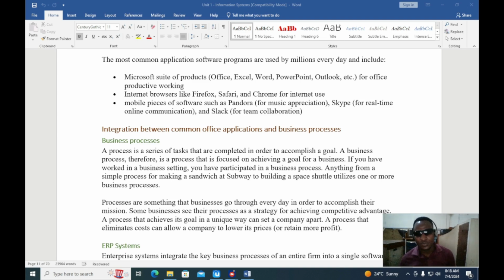Anything that ranges from a simple process, for example, making a sandwich, to a complicated process like building a space shuttle, has processes that are followed. When you talk about processes, you're talking about things that businesses go through every day to be able to accomplish the mission they have in that sector. So we have some businesses that are going to look at their processes as a strategy for attaining a competitive advantage.